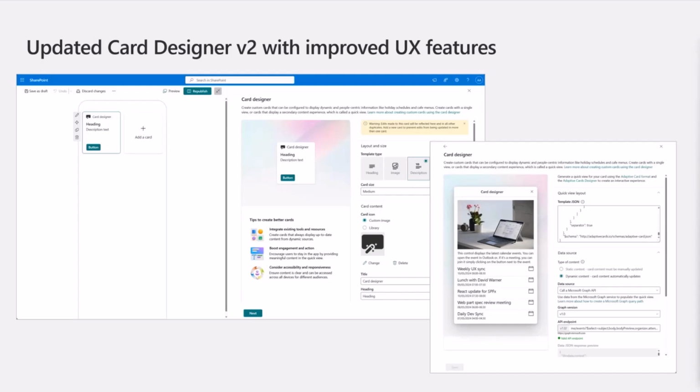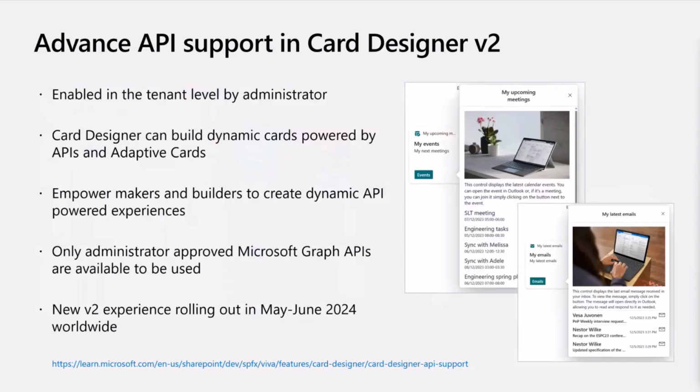We're going to build exactly what we can see here, because this is from my demo test directly. I'm going to walk through the bits and pieces and options as we go through that together in a second. But really the power here is that we have that advanced API support in the card designer like we had previously.